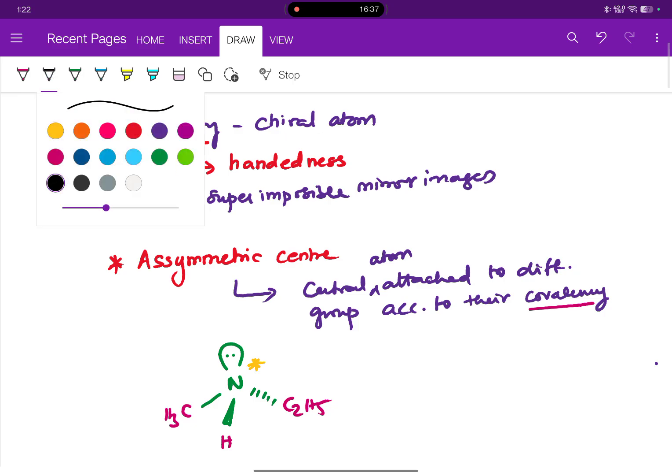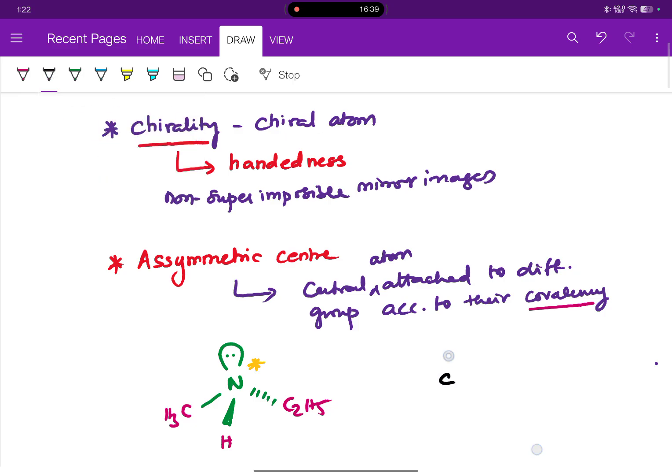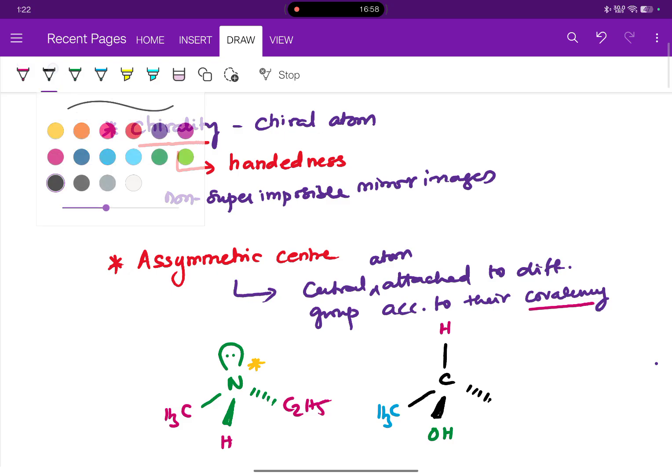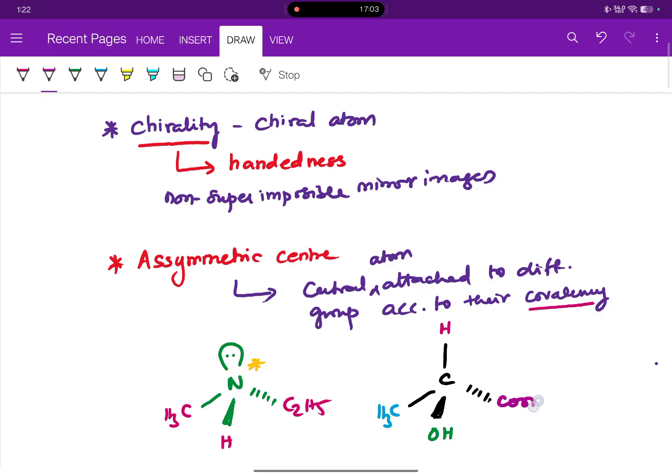If you take carbon, the valency of carbon is 4, tetravalency. In this case it is attached to hydrogen, OH, C2H5 and COOH, a nice big group. So 4 different groups are attached, so it is called an asymmetric carbon.